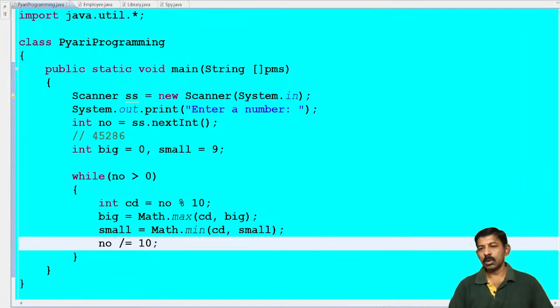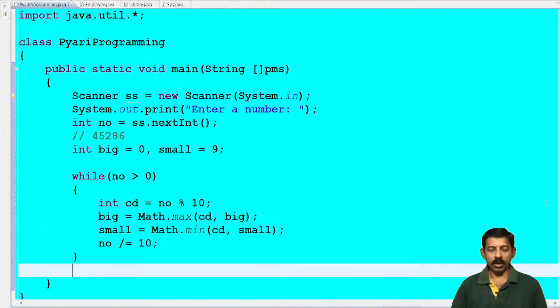Now tell me, loop part is over. Swagat is there. Okay, good. So Rajesh, loop part is over. Mona Lisa, I know it is NO by 10. Good. Loop part is over. Everyone is okay.